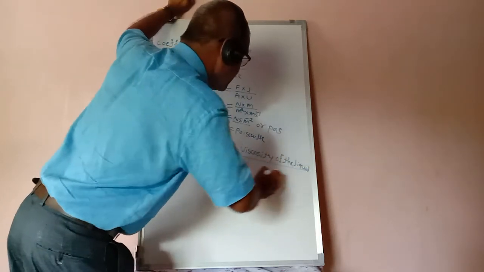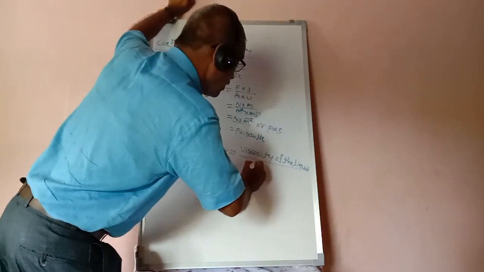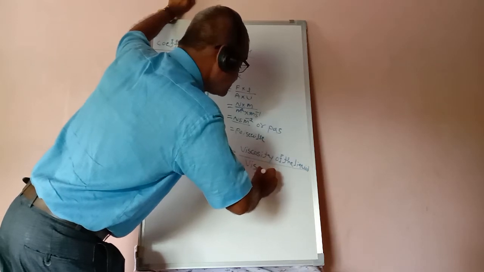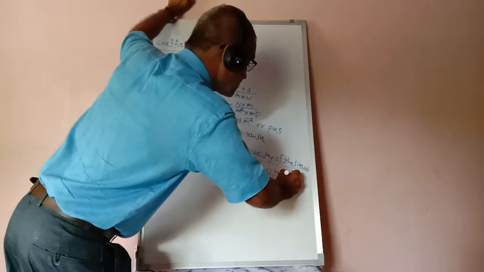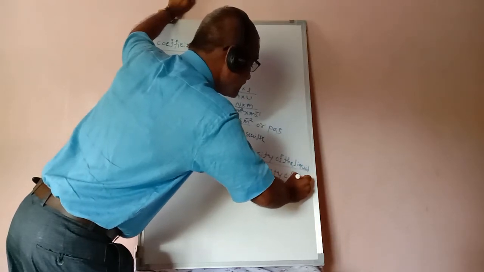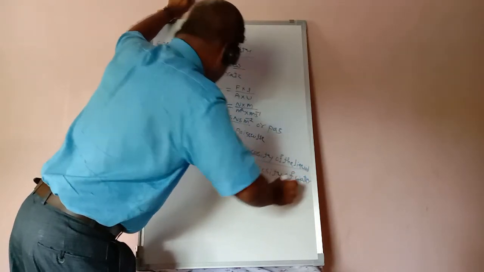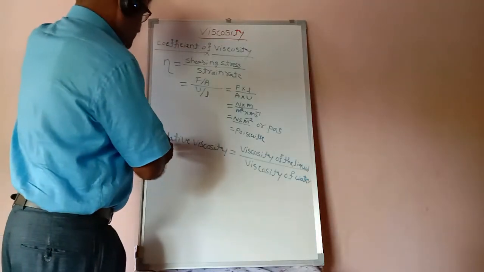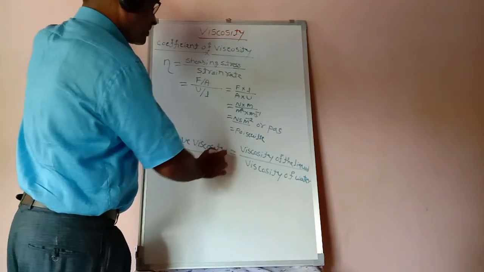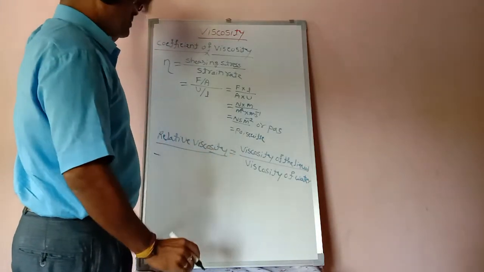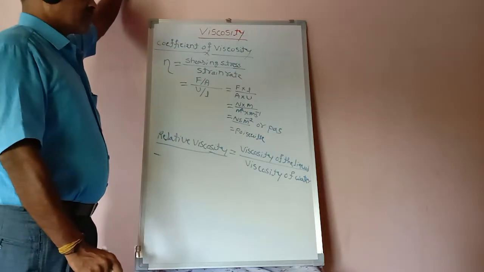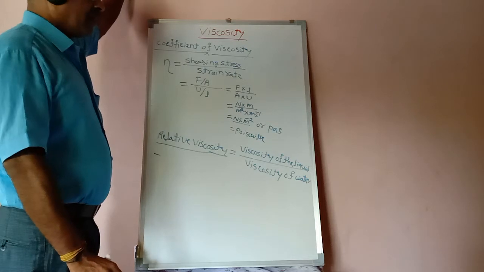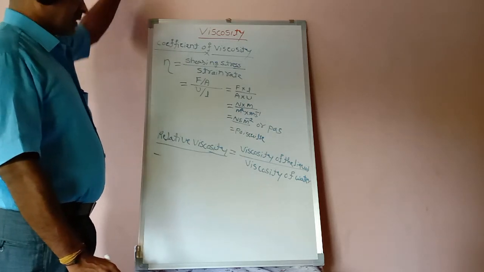Viscosity of the liquid divided by viscosity of water. So relative viscosity is equal to viscosity of the liquid divided by viscosity of the water.